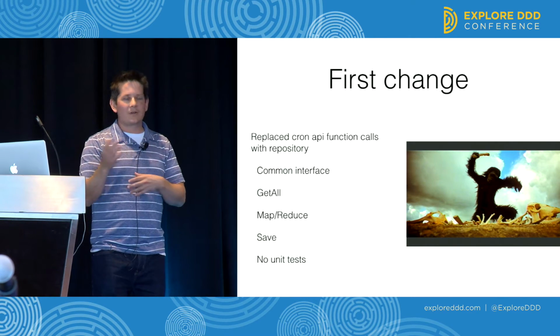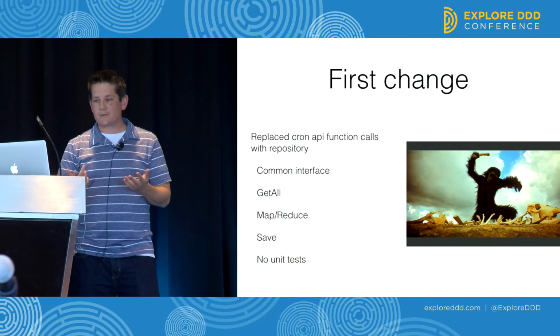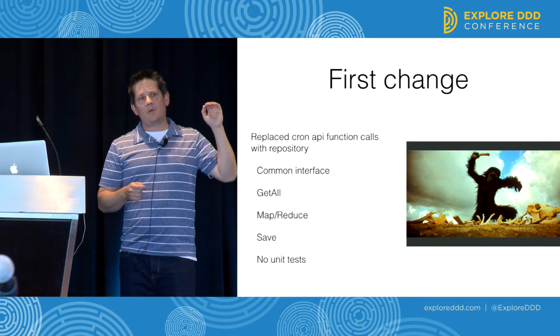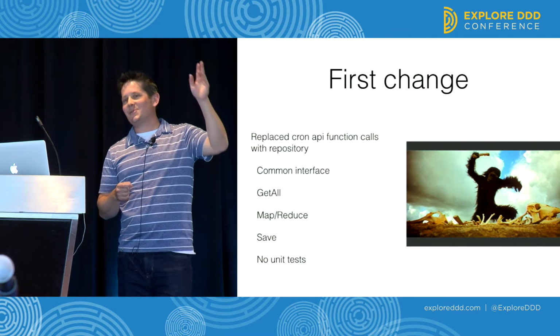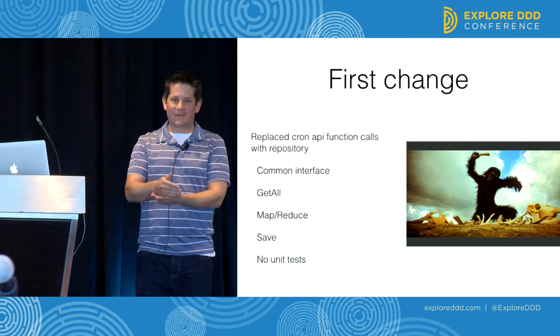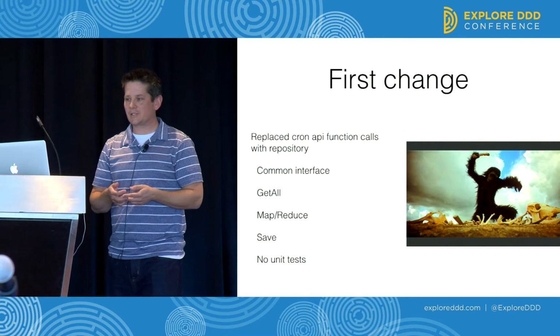So a couple of months after I learned DDD, I decided to make a first change. And I didn't just say, I'm going to do domain-driven design, see you in 6 months. I wanted to do it with a feature request. So I started it very small, very simple.